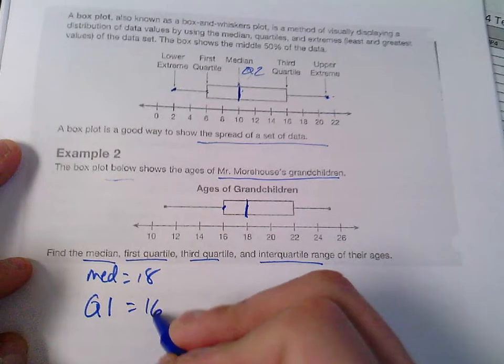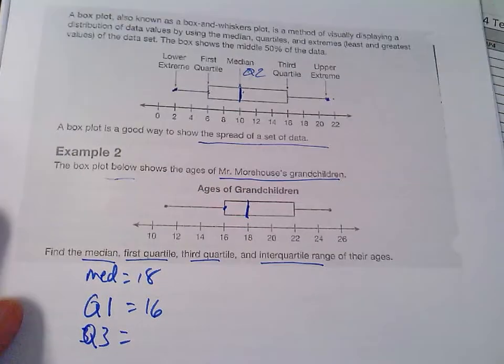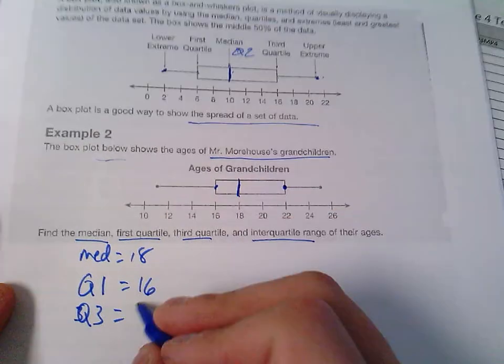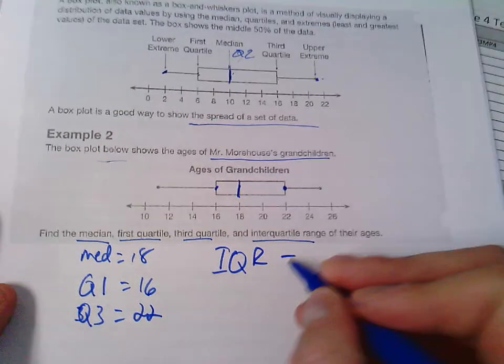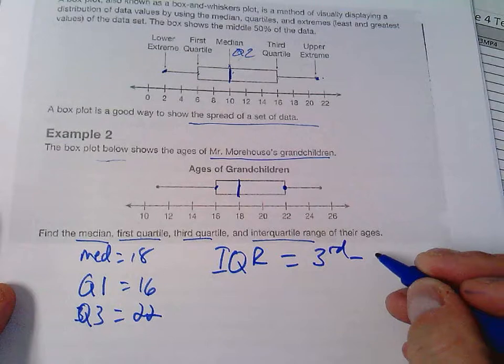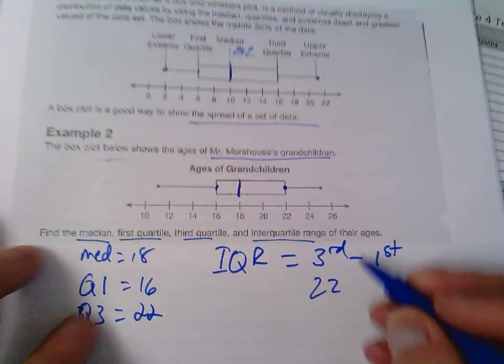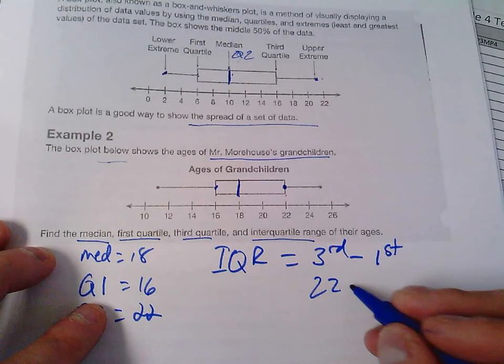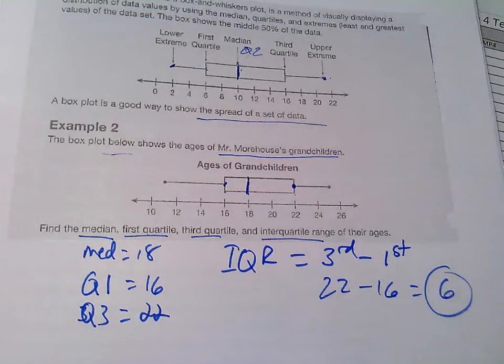The third quartile is this point right here, which would be 22. And then the interquartile range is equal to the third quartile minus the first quartile. So we take 22 minus 16, which would be 6. And that's really all there is to it.